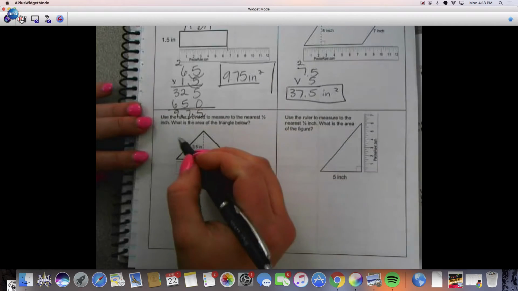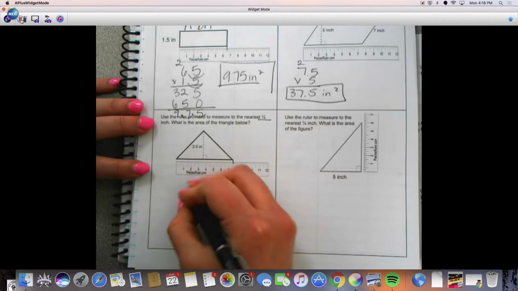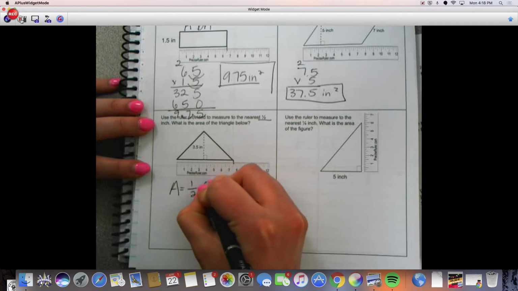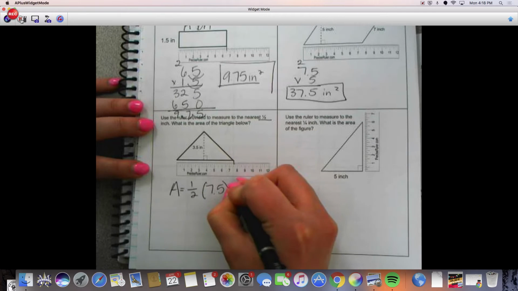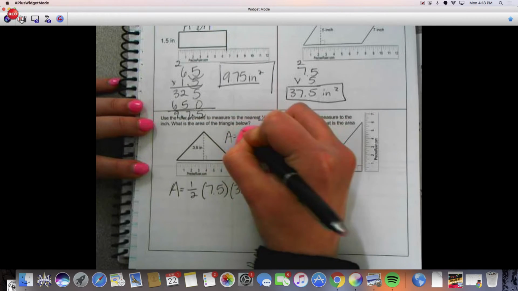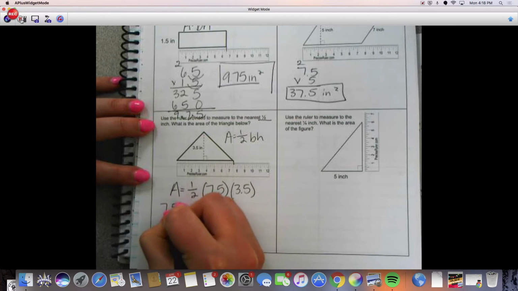All right, now for a triangle, we're going to do the same thing, round to the nearest half an inch. So this is at 7.5, so I know I have A equals 1/2 times 7.5 times 3.5, because A equals 1/2 base times height. So first I'm going to multiply those two.